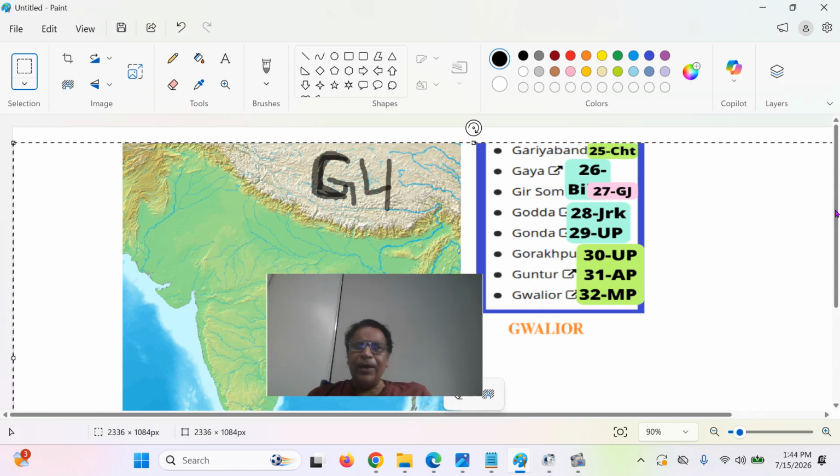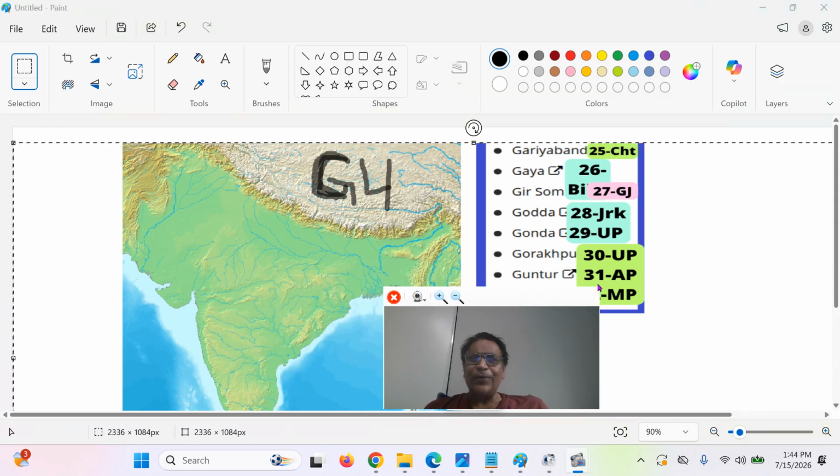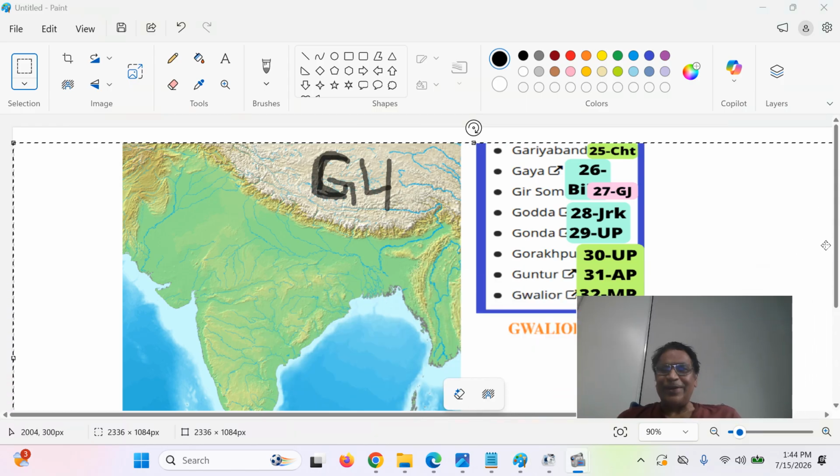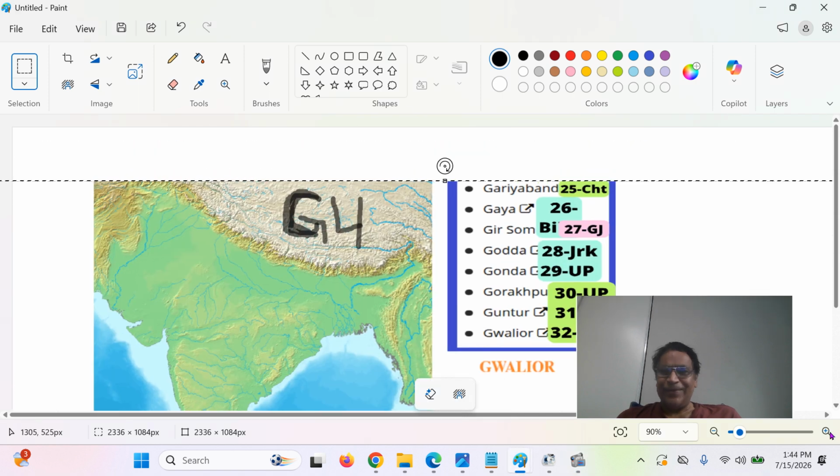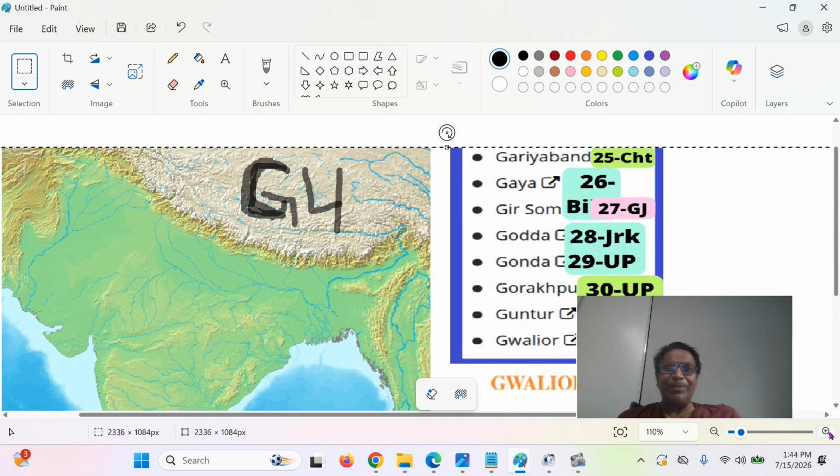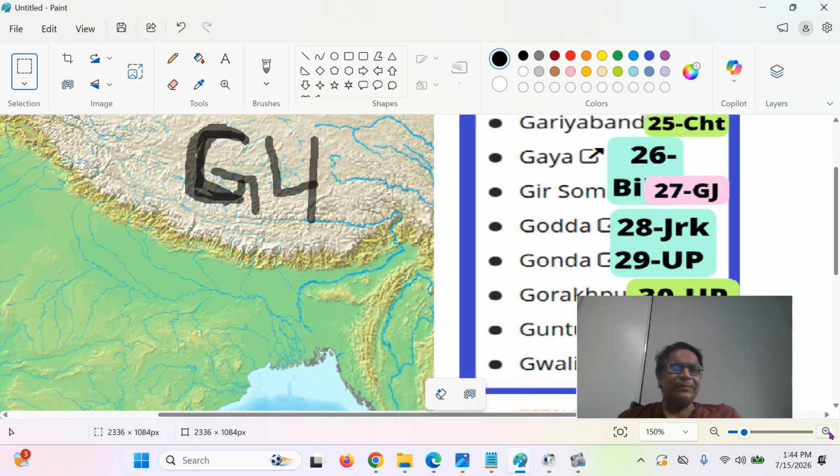And now we map these things very easily. When you map with physiographic regions, we need not struggle that much with the districts, and remembering them is the broad mapping.